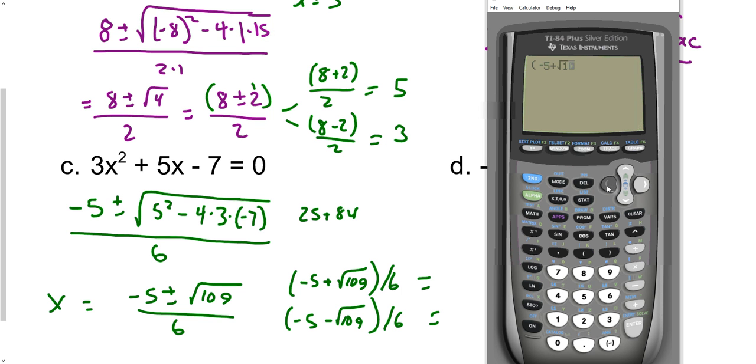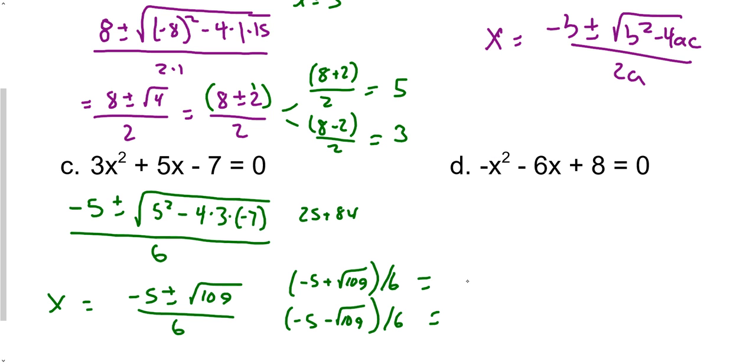Huh, okay, having some issues here. Sorry about that. 109, close parentheses, divided by 6. Okay, and when I do that, the first answer I get is 0.9067. Let's just round that to 0.91. I think that's good enough. So x is approximately equal to 0.91.